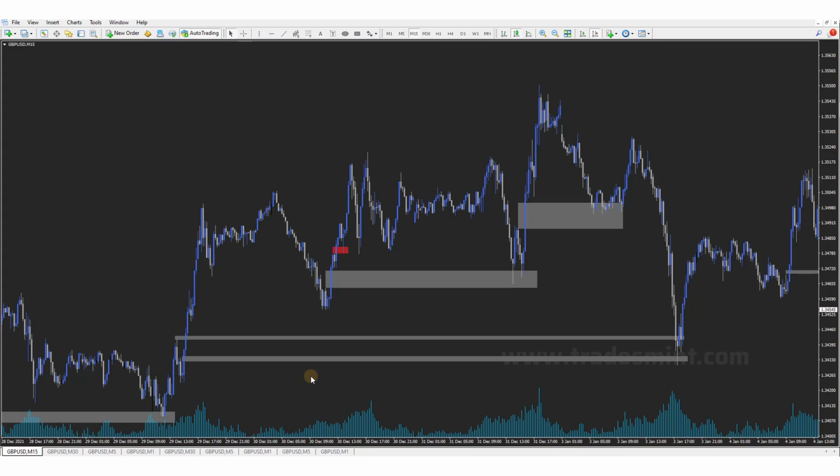These are the safest places in my mind where we can expect rejection. Even if not, you are safe. Yes, you banked your profits. Of course, we are not looking here for 5, 8, 10 pip waves, but these distances are perfect.